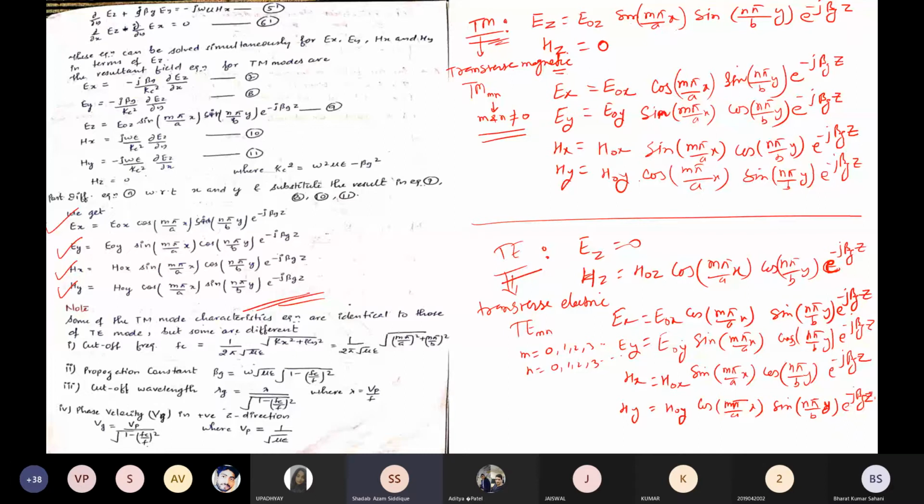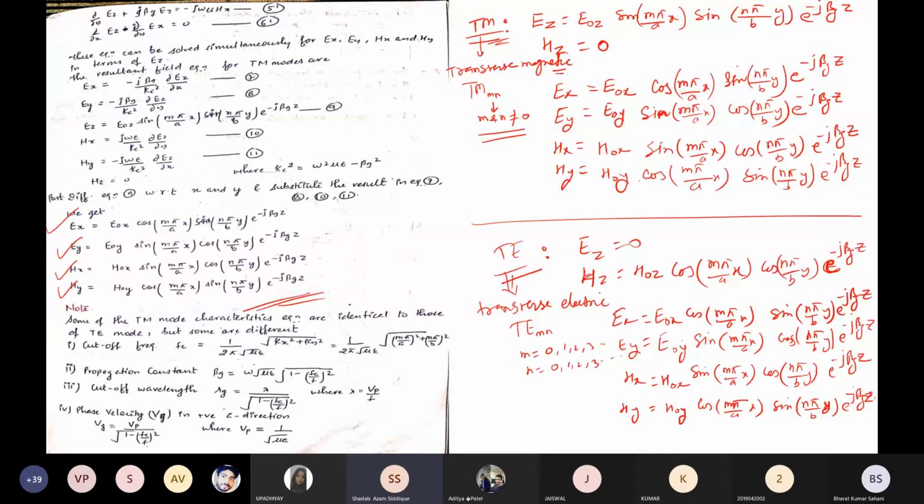Try to take the analogy, and try to write directly also, and try to have the concept behind this, how this can proceed, how we will be able to solve this equation, how we'll be able to find the final solution of that equation, starting from Helmholtz equation, taking into consideration that for the TE mode or TM mode, the Ez component or Hz component will be zero.